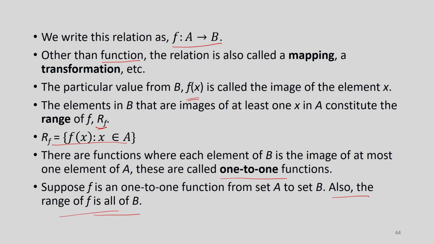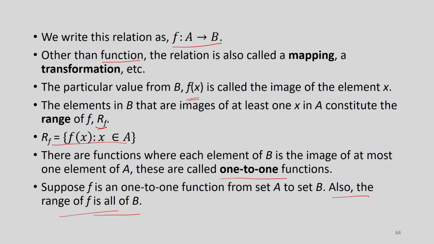And secondly, the entire set B has to be covered by the range. In that case, you can invert the function because every element of B will map to a unique element of A, and that is the definition of a function. I think I will stop here.